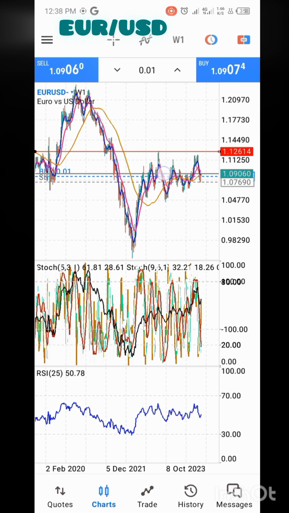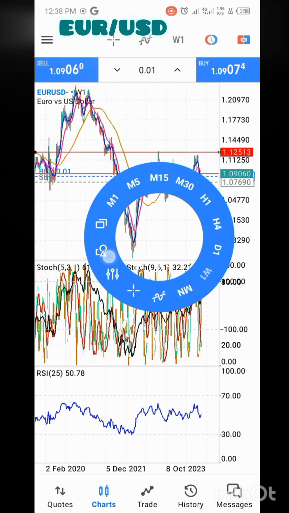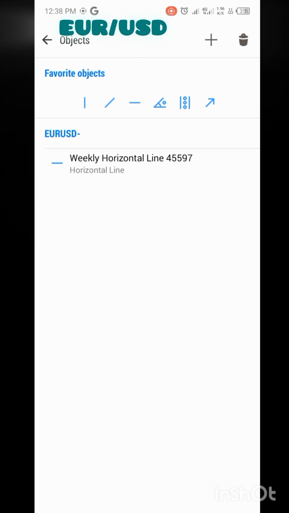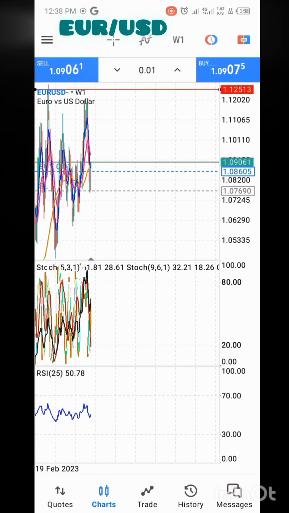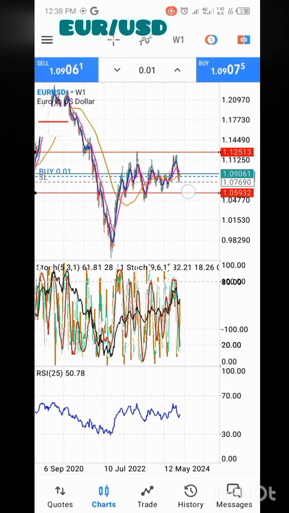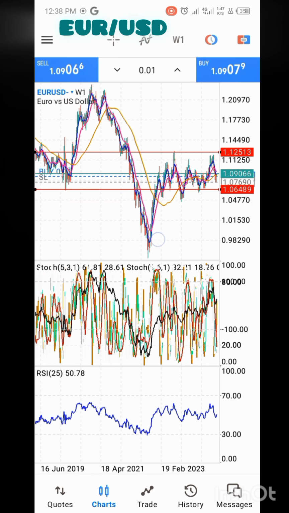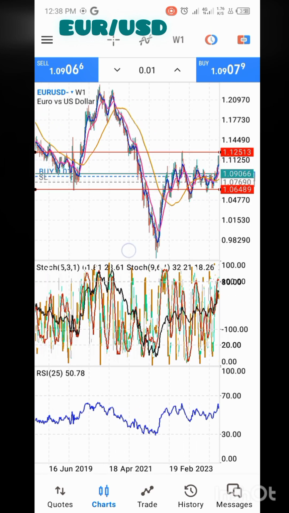Okay, let me take it to this highest point. Then bring in another one. I'll place it here. Adjust it now. Can you see the range? I see this range.